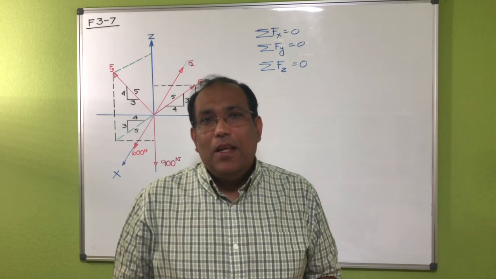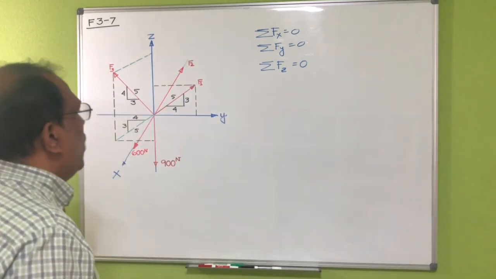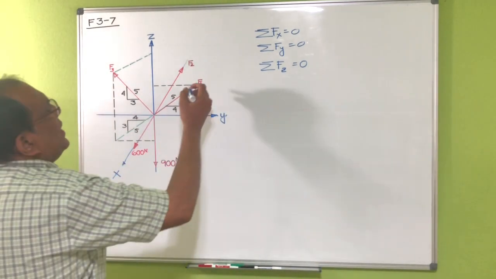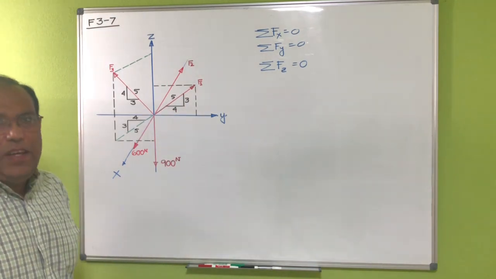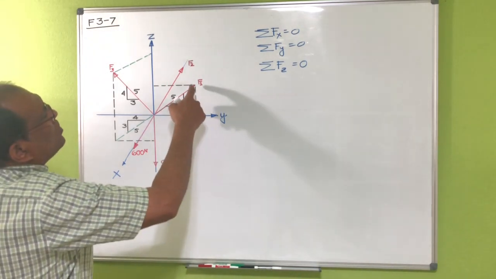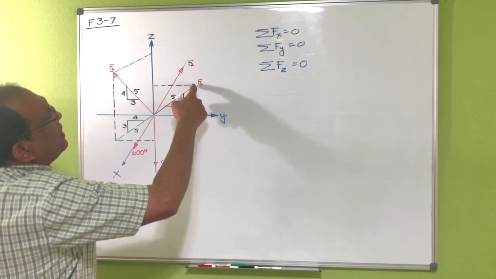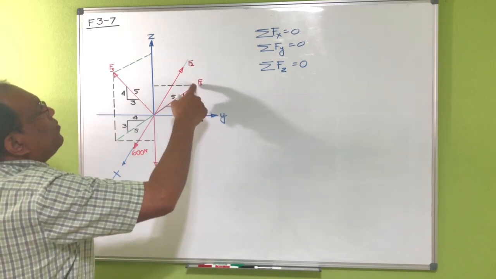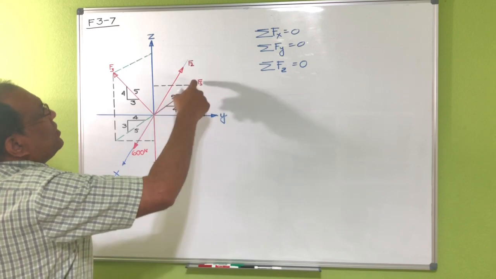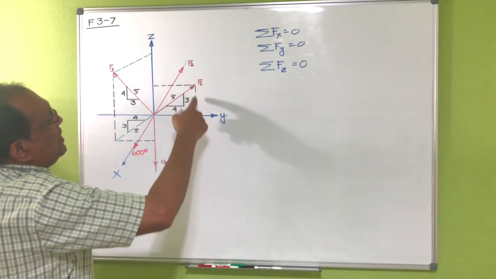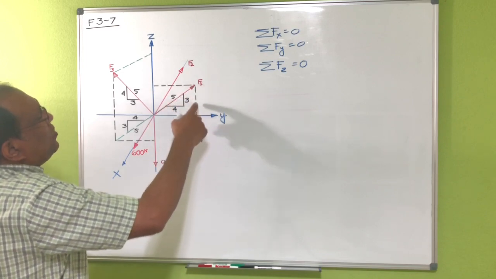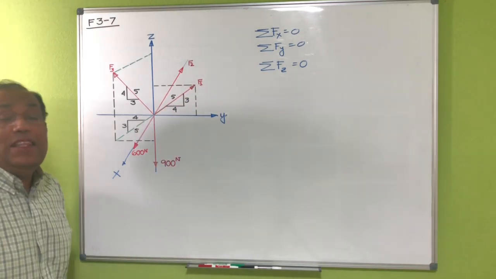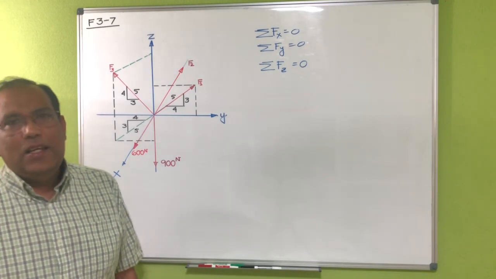Now let's start with F1. How can I express that in Cartesian vector form? You always have to look at the head of this force. You can see there is a parallelogram or a rectangle here, which shows which plane this force is working in.